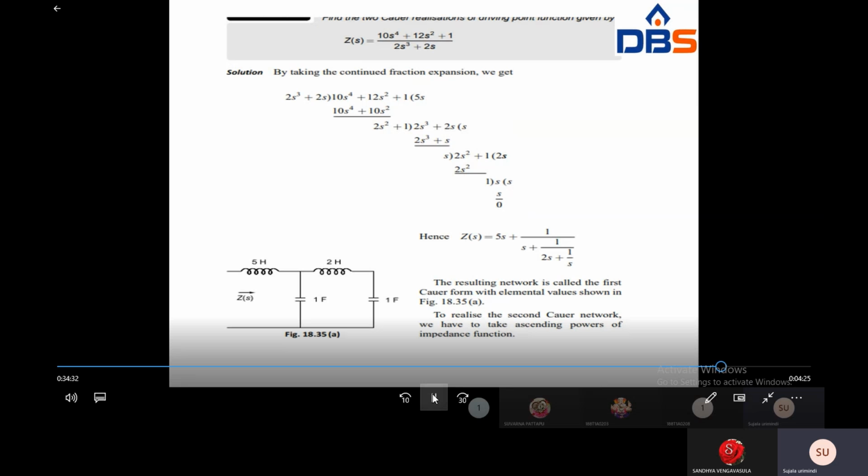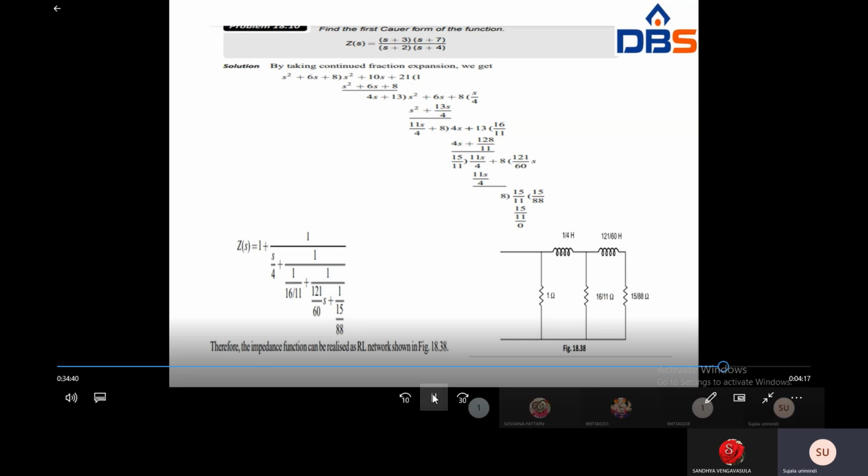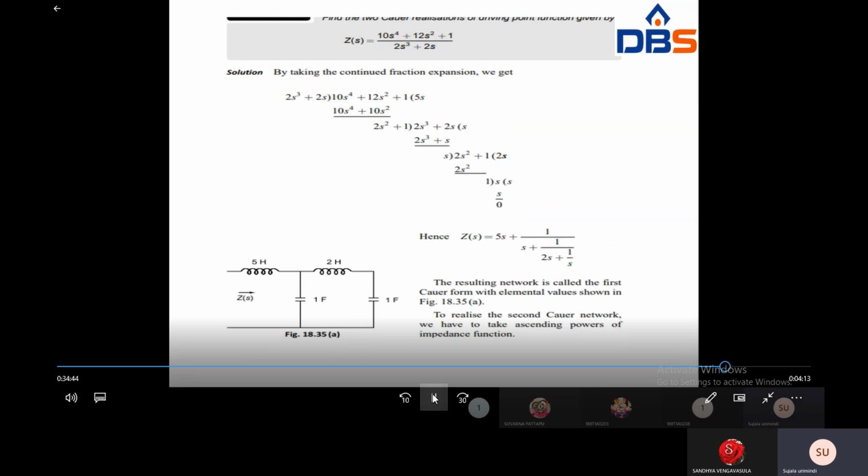Cover 1. Suppose cover 2 must be there. In cover 1, s square is the same. In the cover 2 form, it will be z of s equal to 10s square plus 12s plus 1 over 2s cube. The powers must be a differentiation of 1.